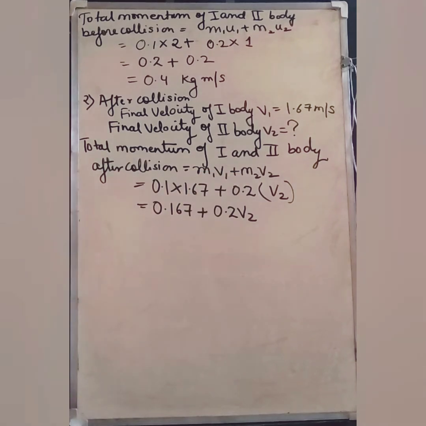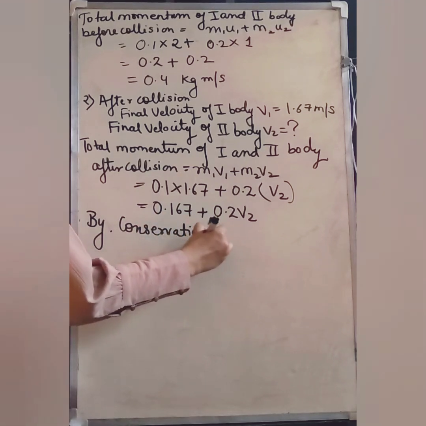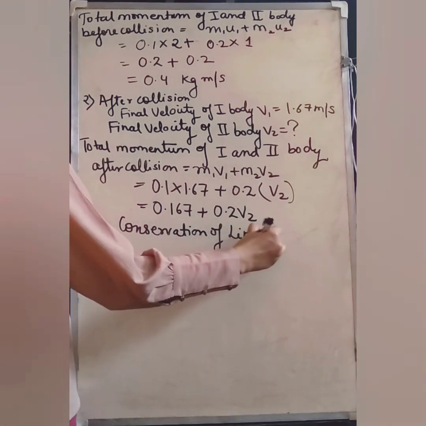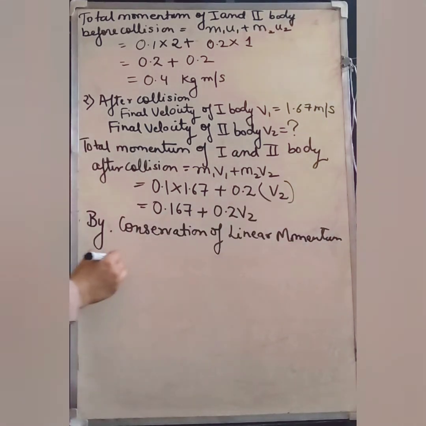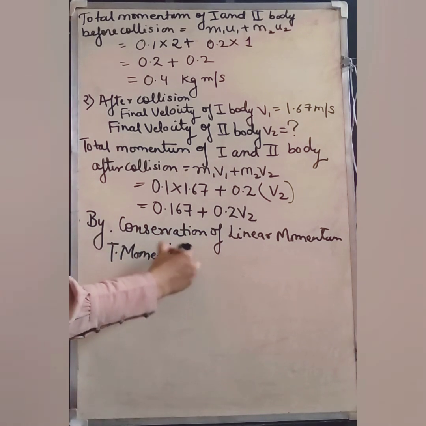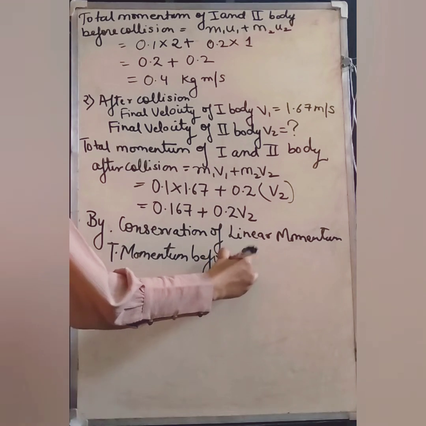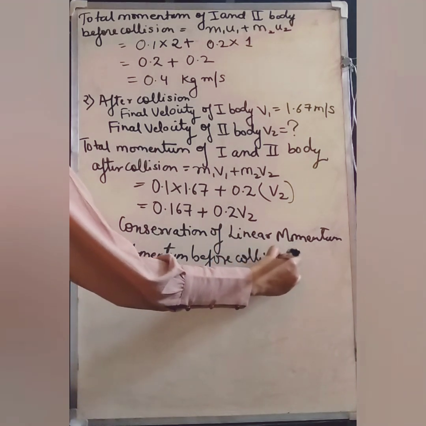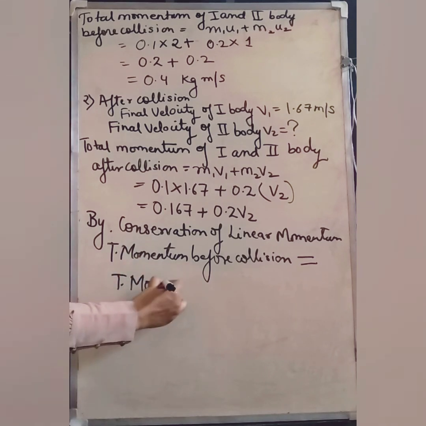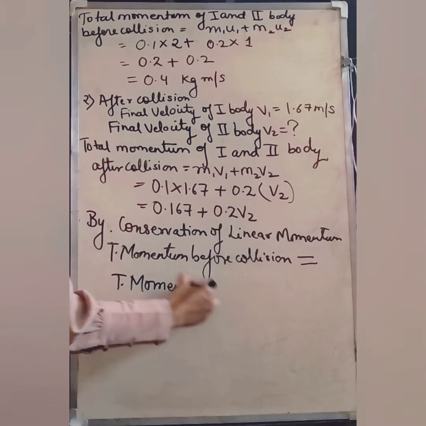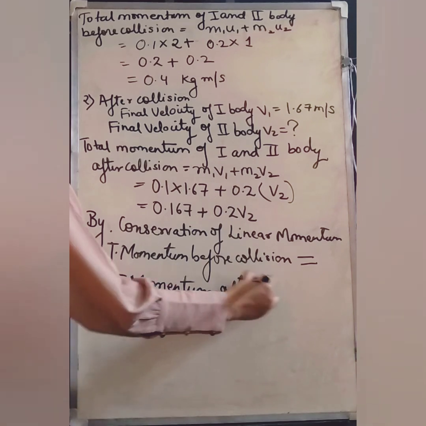Now we know that by conservation of linear momentum, total momentum before collision will be equal to total momentum after collision.